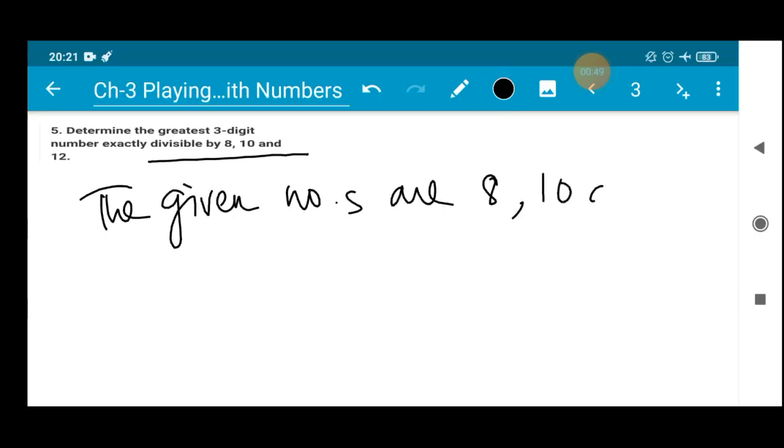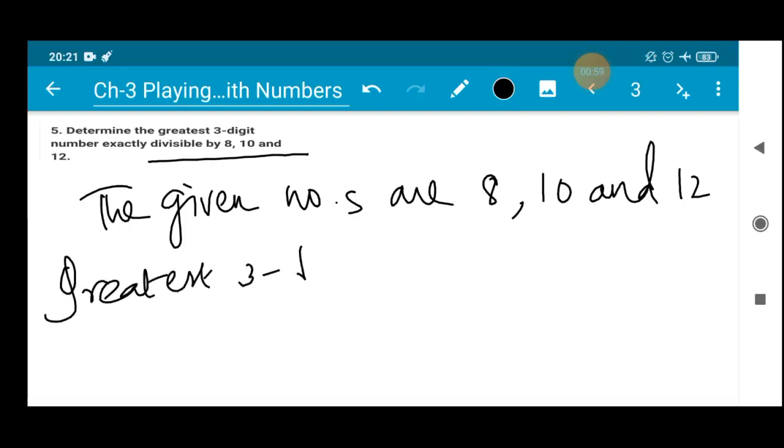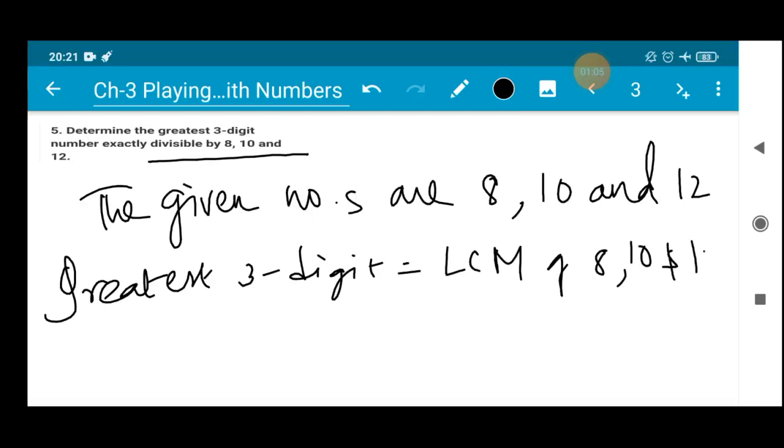8, 10 and 12. Alright, so let's find the greatest 3-digit number. The greatest 3-digit number is related to the LCM of 8, 10 and 12.